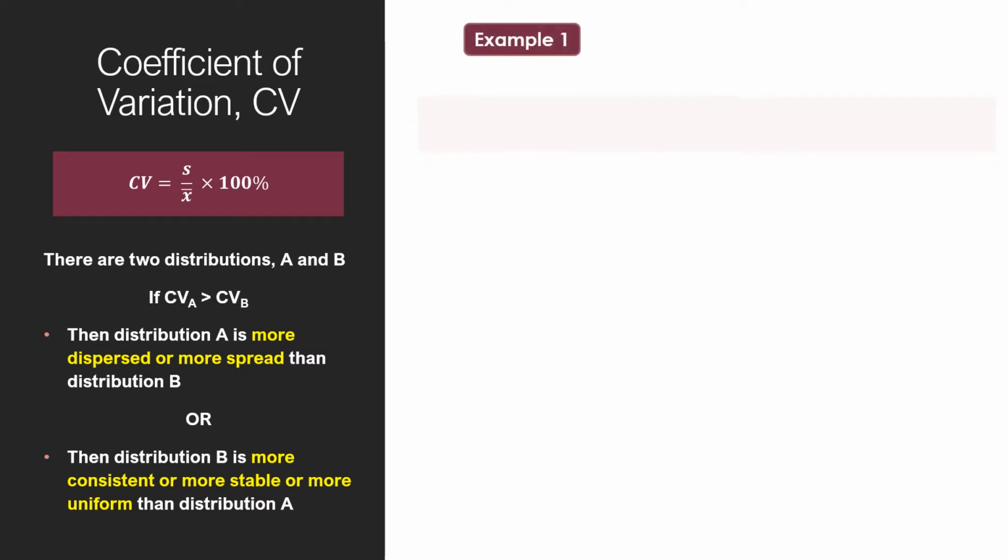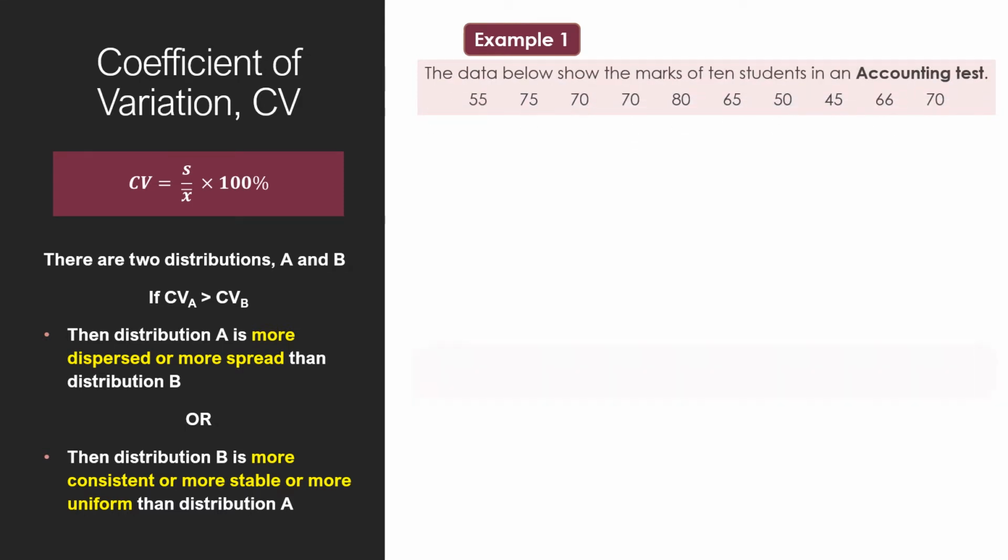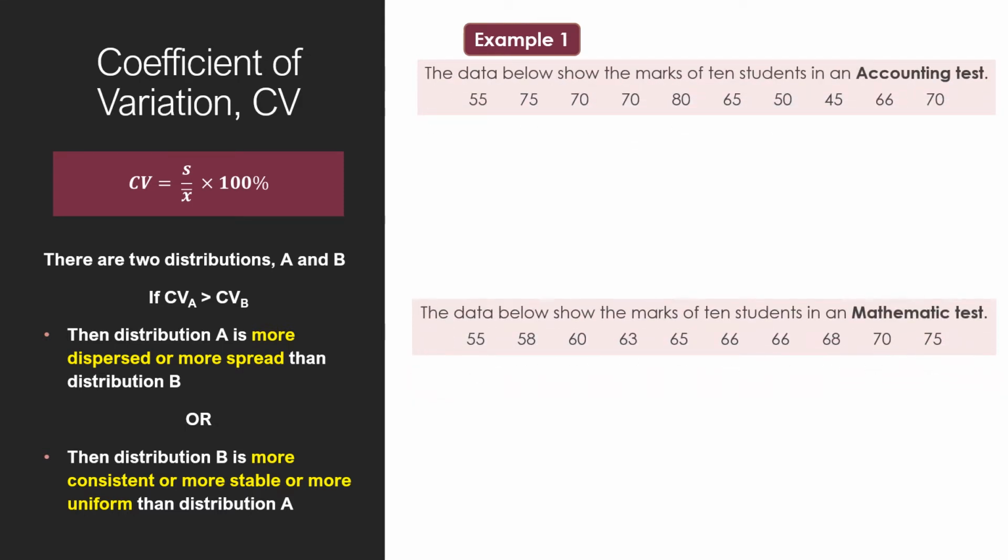Okay, we look at example 1. Let's say we want to compare the marks of 10 students in an accounting test and a mathematics test. First, find the value of the mean and standard deviation, and then substitute into the formula of CV, which is standard deviation divided by mean times 100%.